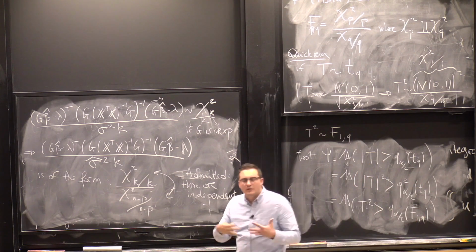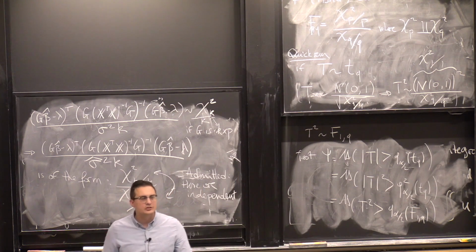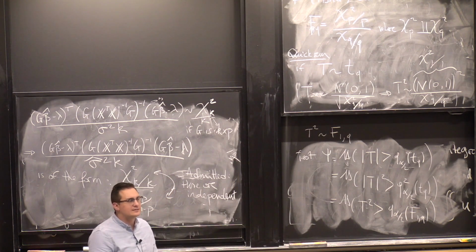So in a way, those two things belong to the same family. They really are a natural generalization of each other. I mean, at least the F test is a generalization of the t test.